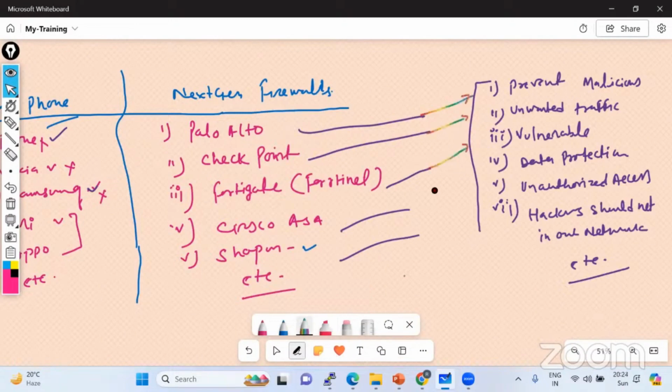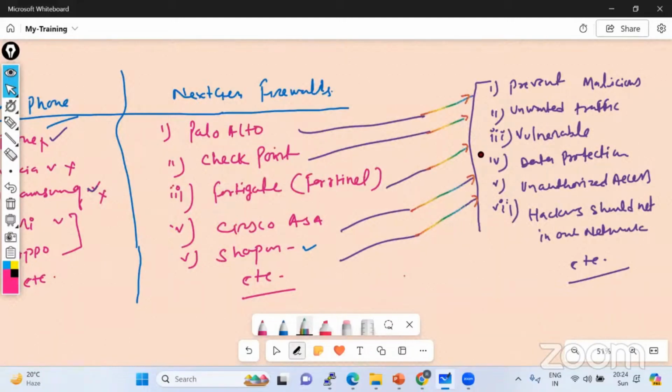It means whichever firewall you purchase, it is going to give similar kinds of services. It's not something very new. It's not that only Palo Alto can give, only Checkpoint can give, only FortiGate can give, only Cisco can give, only Sophos can give, or any other vendor can give. No, every firewall available in the market can give you this kind of service.